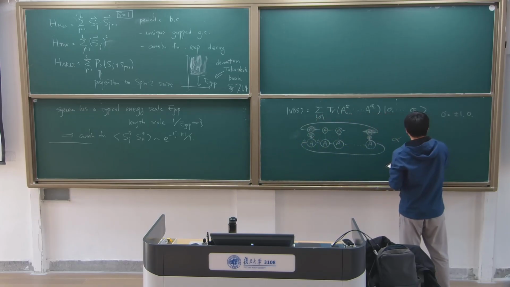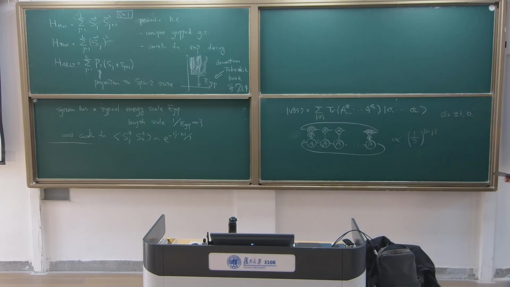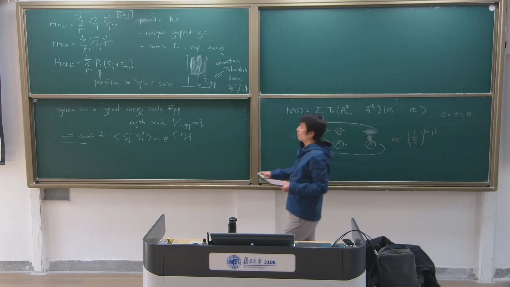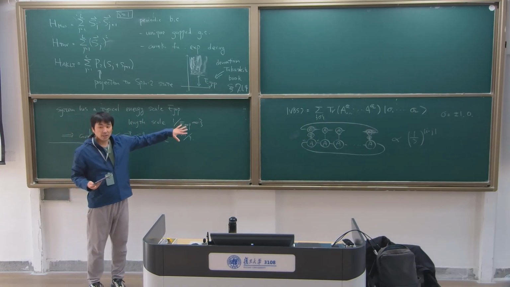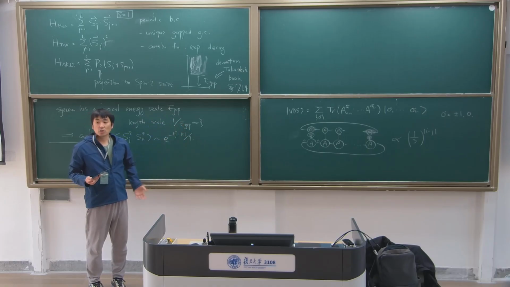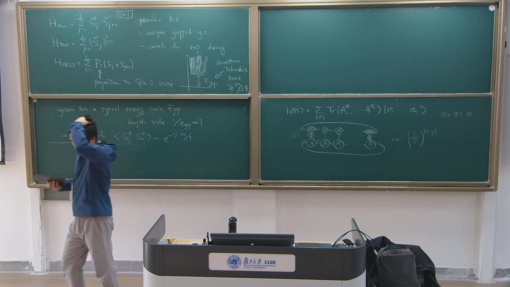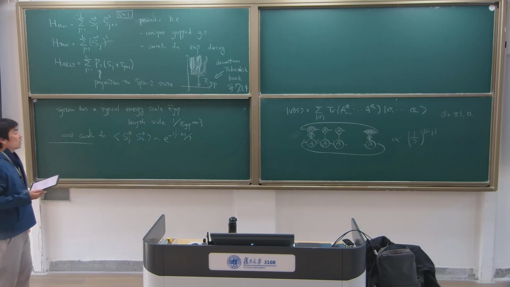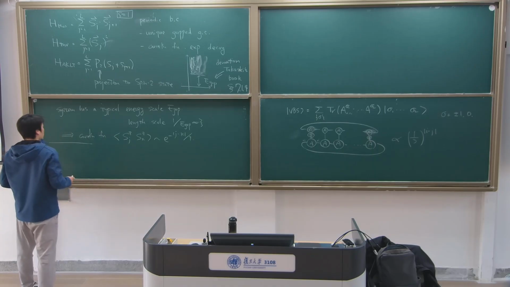Last time I showed that this one is 1/3 to the power of the distance, that's how we show it. So by explicitly showing the correlation function is exponentially decaying, it means that there is a typical energy scale in the system, which introduces a gap in the system. That's one point I wanted to emphasize.